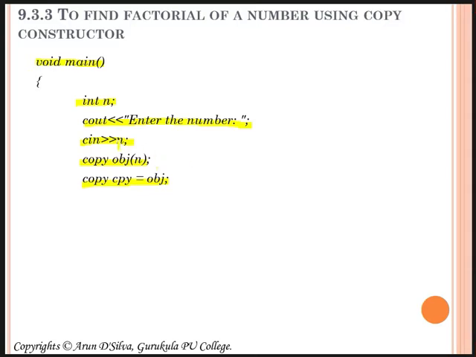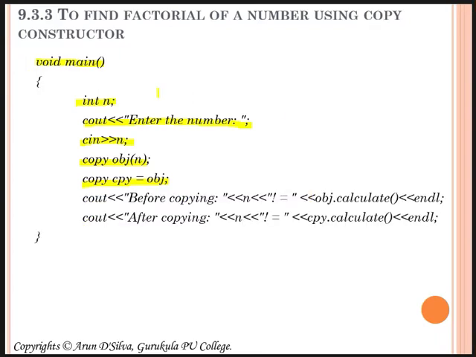In case I enter n value as 5, then obj's member data var becomes 5, and I am equating it to cpy. So obj's member data is 5, no? That will be copied to the cpy member data, and var's value becomes 5.